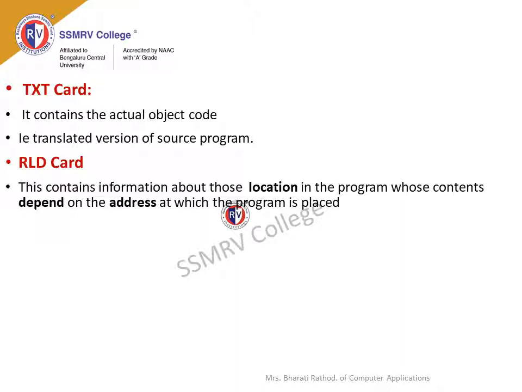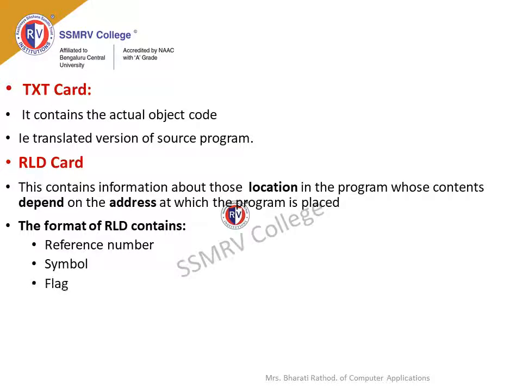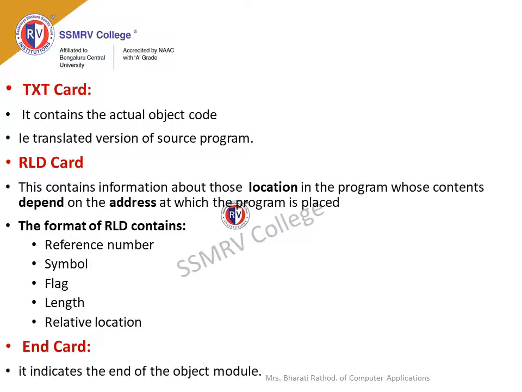It also contains the location of each constant that needs to be changed due to relocation, and the operation to be performed. The format of RLD contains reference number, symbol, flag, length, and relative location. End card indicates the end of the object program.